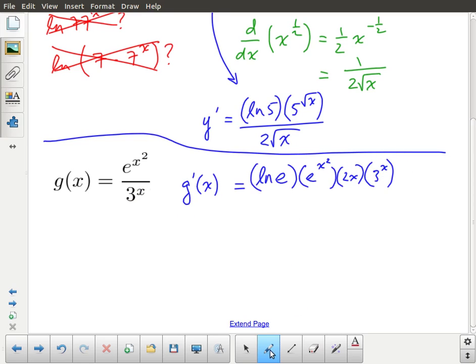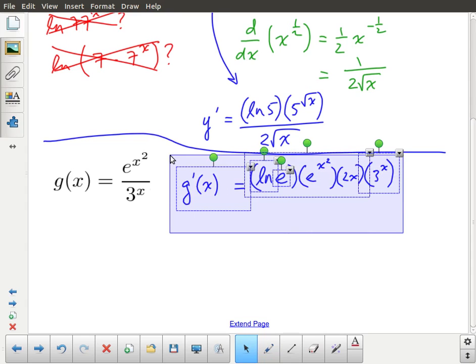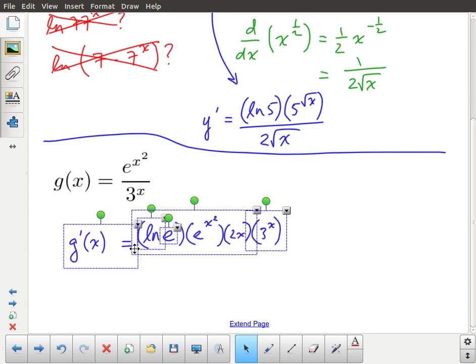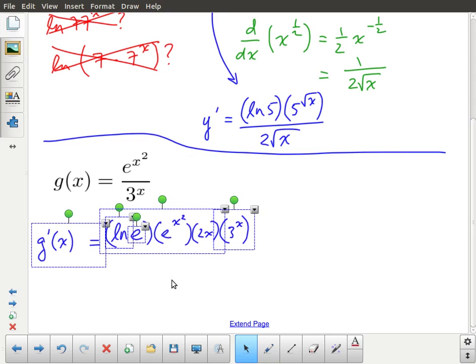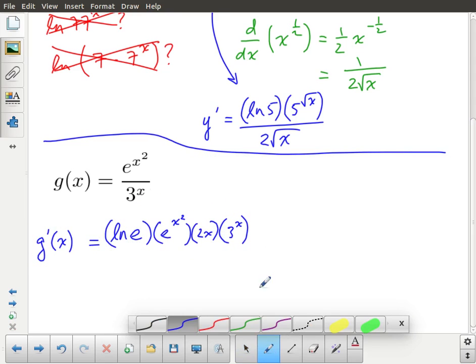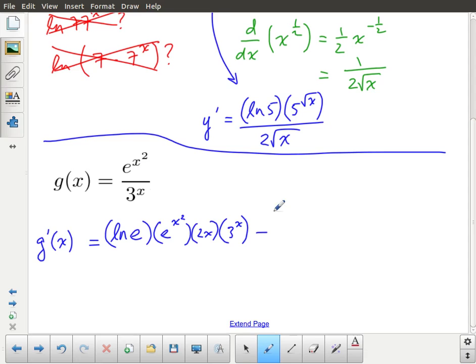And actually, I realize here I'm not going to have enough room if I do this over to the right, so I'm going to have to move this down here so that I can actually fit this on one line, minus the original numerator, which is e to the power x to the power 2, times the derivative of this denominator.